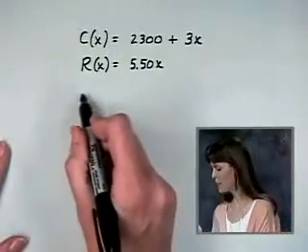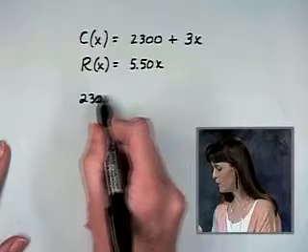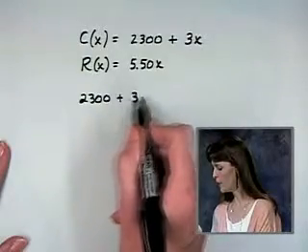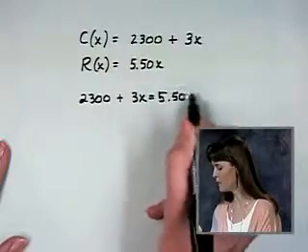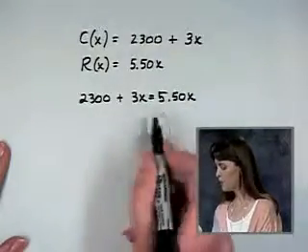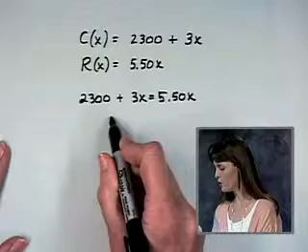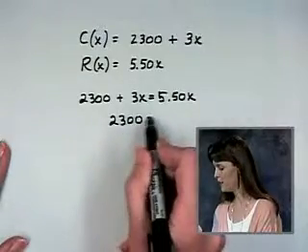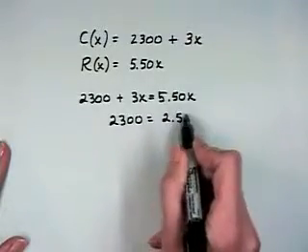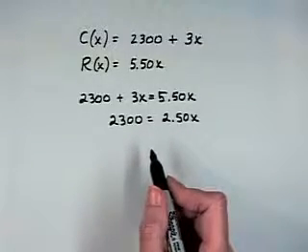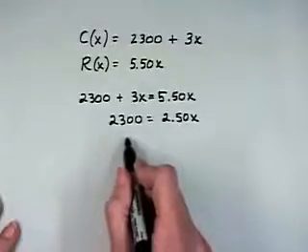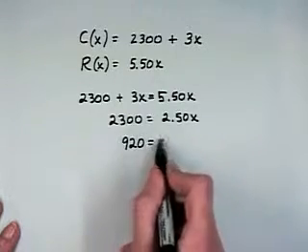To do that, we simply set the two functions equal to each other. 2,300 plus 3x equals 5.50 times x. Subtracting 3x from both sides of the equation gives us 2,300 equals 2.50x, and finally, dividing both sides of the equation by 2.5, we get that x equals 920.